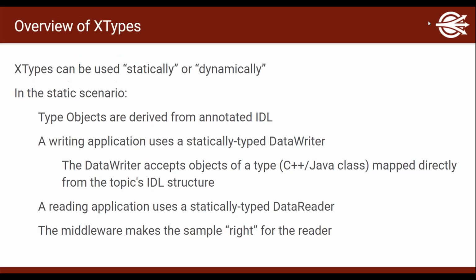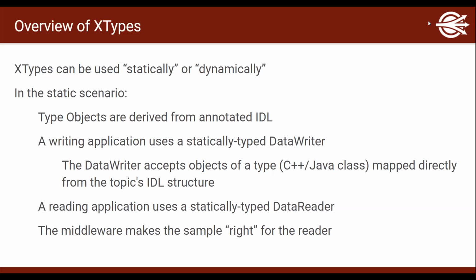The reading application behaves in the same way, where it's got a data reader, which is parameterized on the particular data type, and it then interacts with the C++ or Java object types.